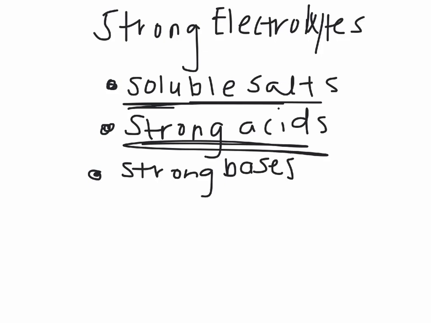Those are all strong electrolytes. And our strong bases are just our group 1 cations with our hydroxide anions. So those guys are all strong electrolytes, which means they completely dissolve or completely ionize. These guys love to separate.